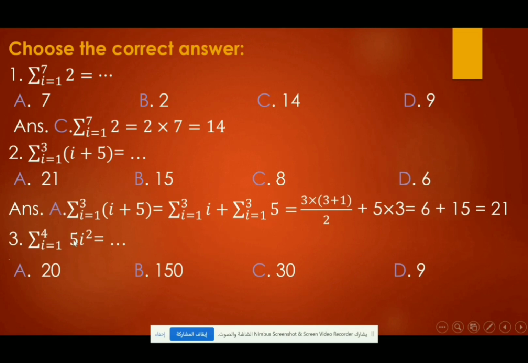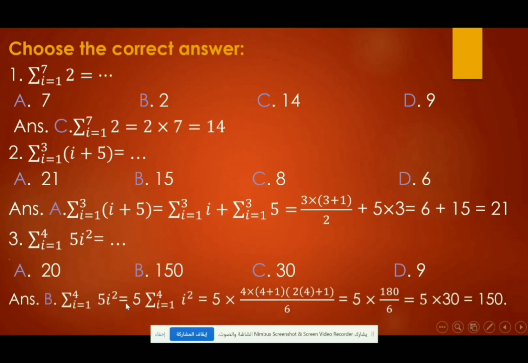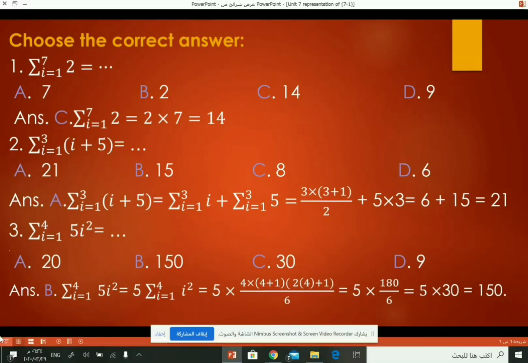If you have a constant, take it as a common factor and leave the summation for the variable i squared. 5 goes out as a common factor, and the summation will be for the variable i squared, which allows you to use property number 5: 4 times 4 plus 1 times 2 times 4 plus 1, all divided by 6.